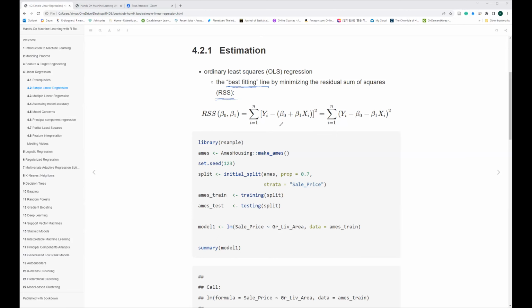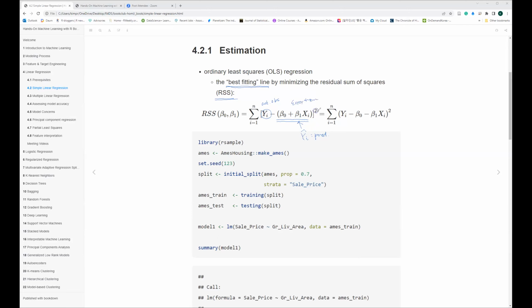Here yi is the actual observation, and y hat i is the predicted value. So yi minus y hat i is the error term, right?